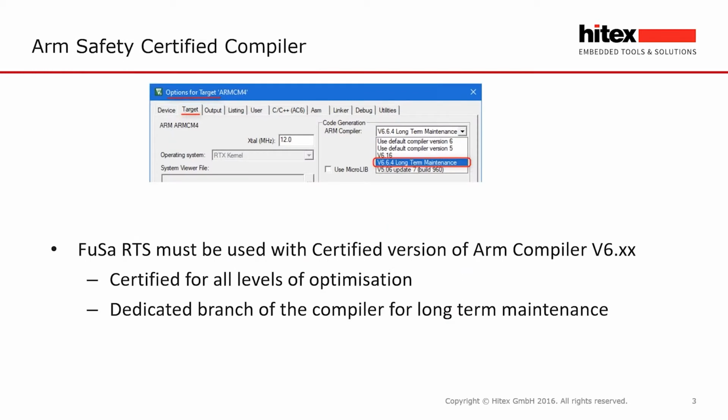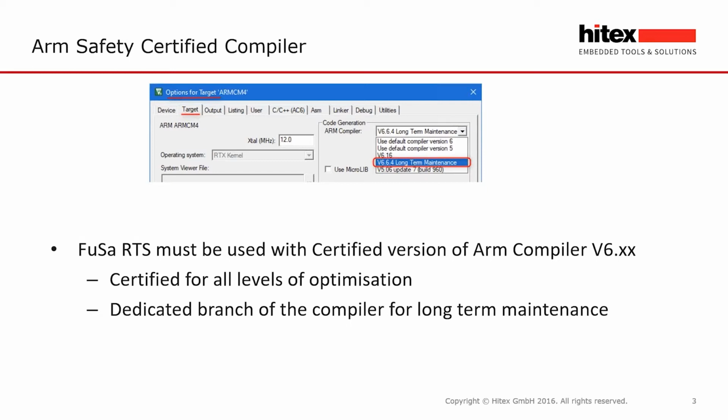Before we start, it's also important to realize that the Functional Safety Runtime System is designed to work with the Keil tools and the ARM compiler, and has been certified with the safety version of the ARM version 6 C compiler.